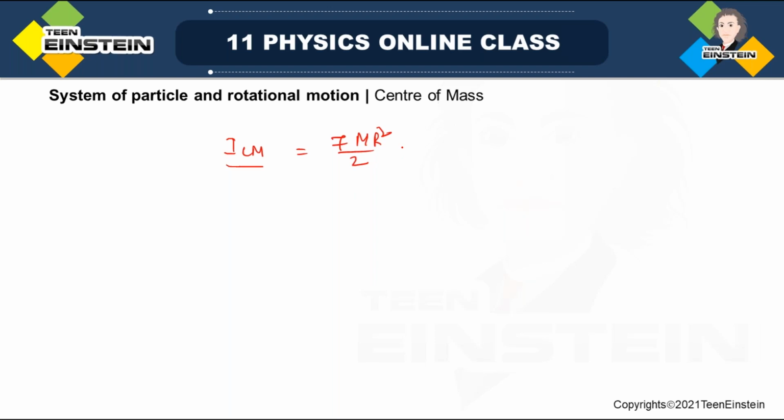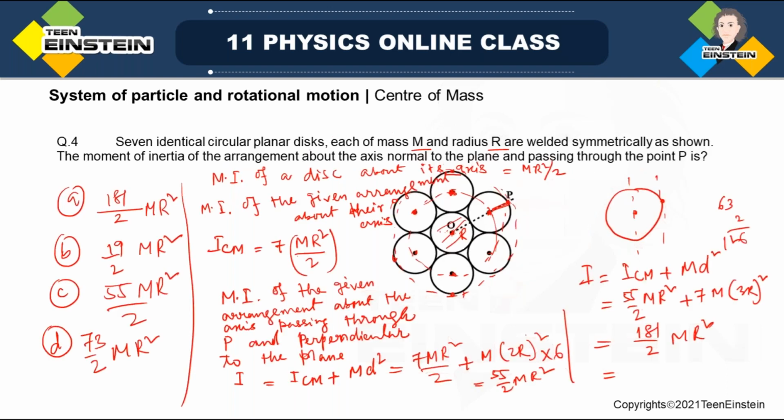So we have done the moment of inertia about the diameter. Id is actually this ICM plus m into 6 into m into 2r square. This is about the diameter. So this I have written already, 7 by 2 mr square. So then we have got the moment of inertia about the diameter of this segment.